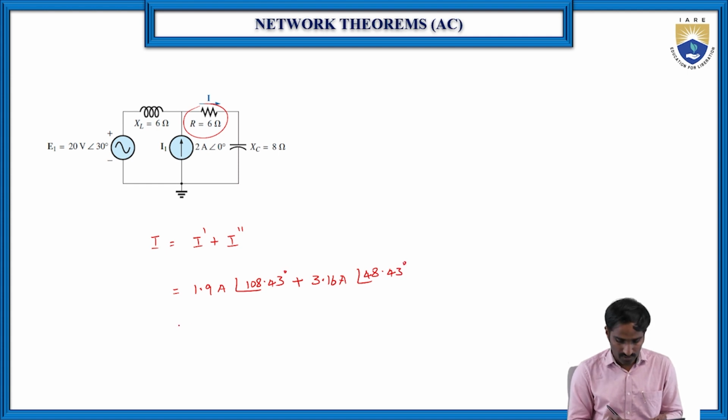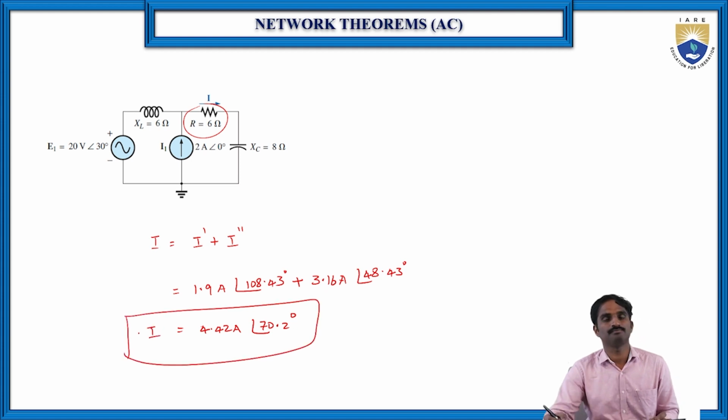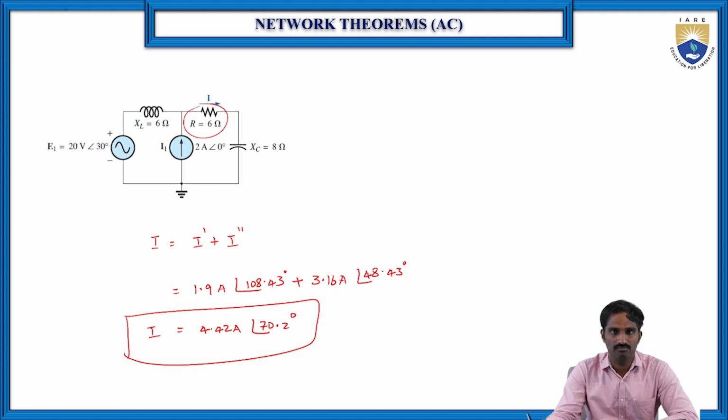Adding these two values, you finally get 4.42 amperes at an angle of 70.2 degrees. This is the total current I flowing through the 6 ohms resistor. So this is how we can find the current flowing through a particular resistance by using the superposition theorem.